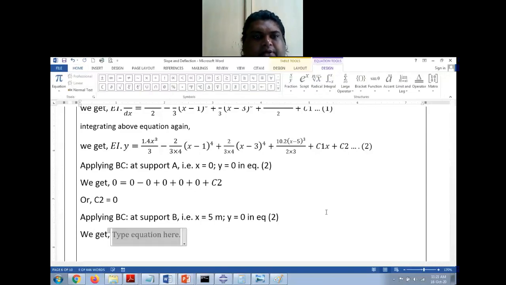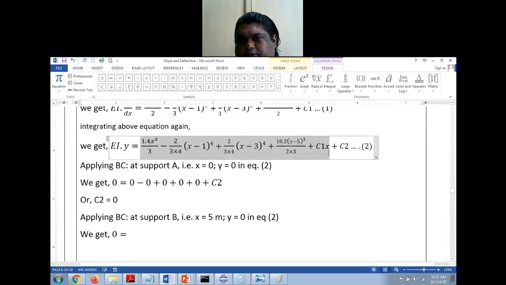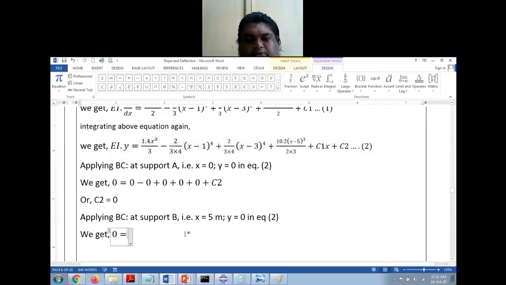We get the left hand side will become 0. 0 is equal to 1.4. I'll just copy this. I'll get all this, right, except for this term, because here 5 minus 5 will become 0.